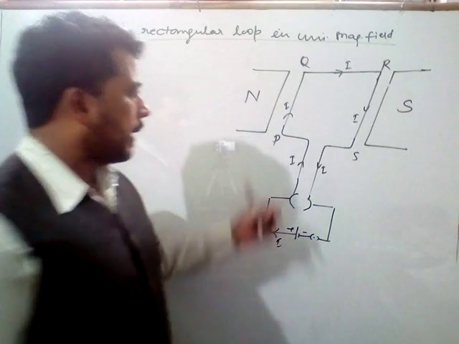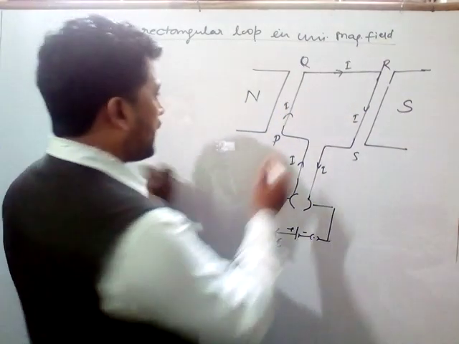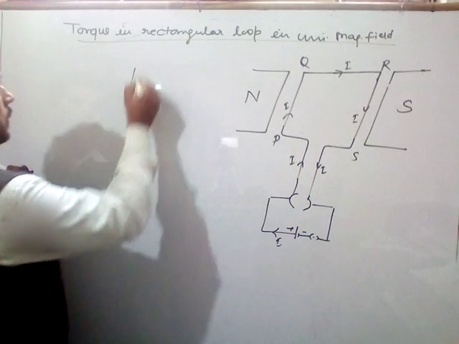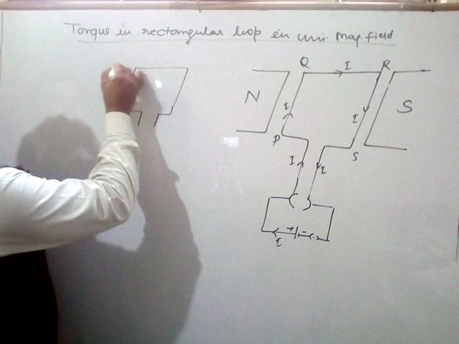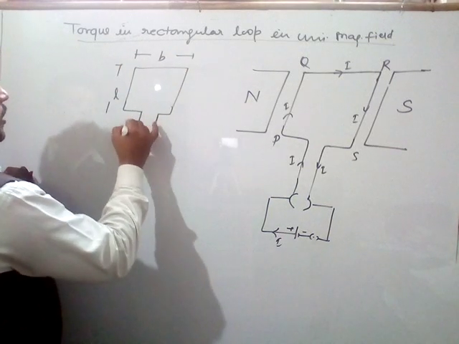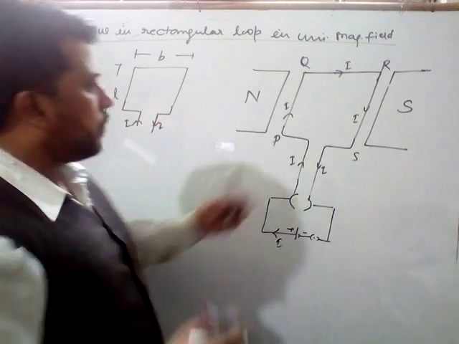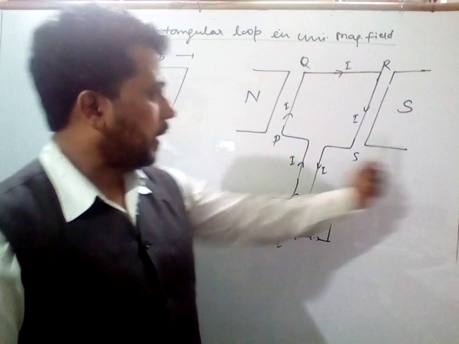So let a rectangular coil PQRS, whose length is L and breadth is B, be placed between two strong poles of the magnet in this way.